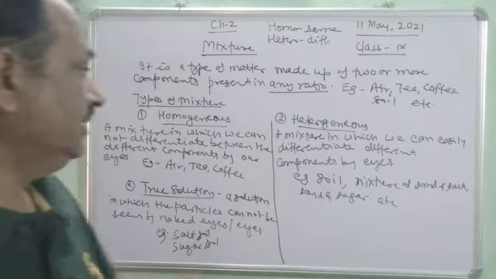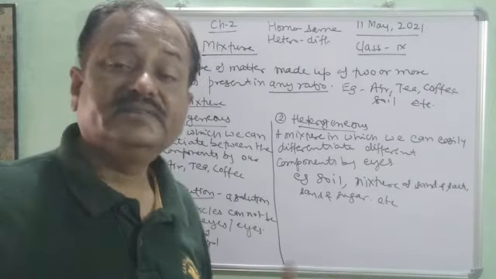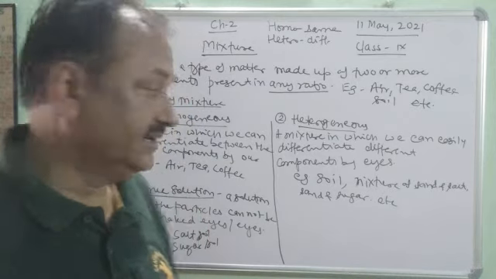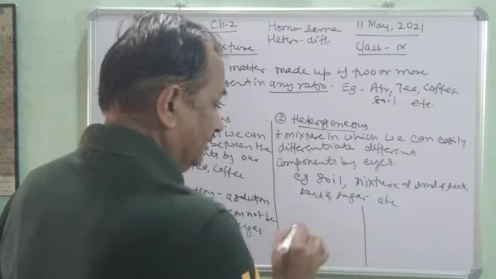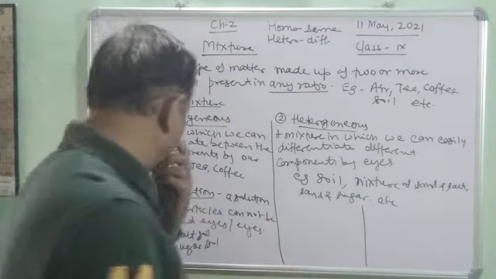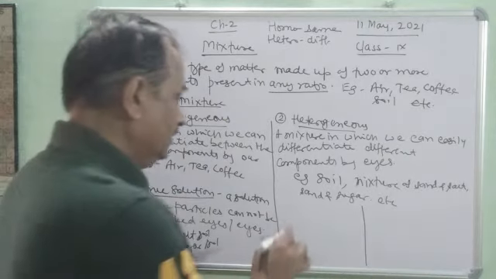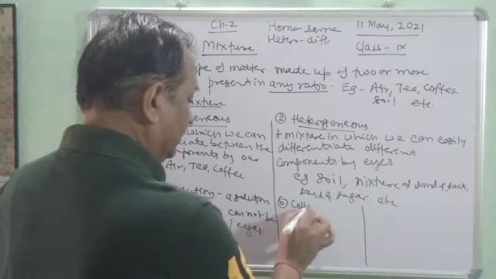Now coming to heterogeneous mixture, children. So heterogeneous mixtures, again, are of different types. So first here I am going to mark so as to separate. So this is one, true solution. Now second, it is colloidal.